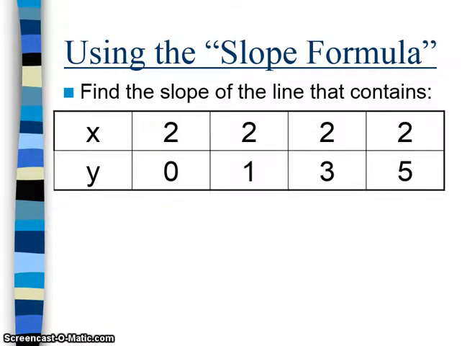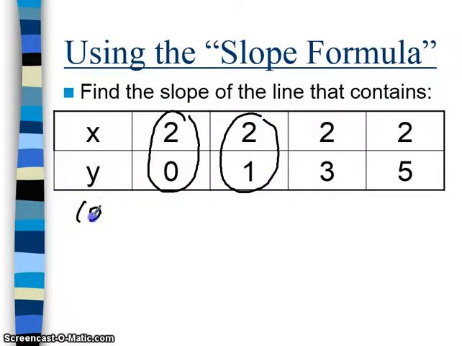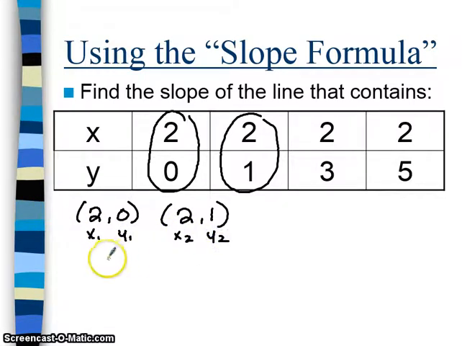Now, let's pretend that you didn't see that, or maybe that you were given two ordered pairs, such as these two, and didn't notice that the same input yielded more than one output. You can still use the slope formula. Label them x1, y1 and x2, y2.